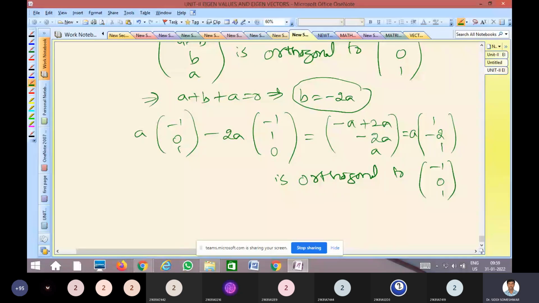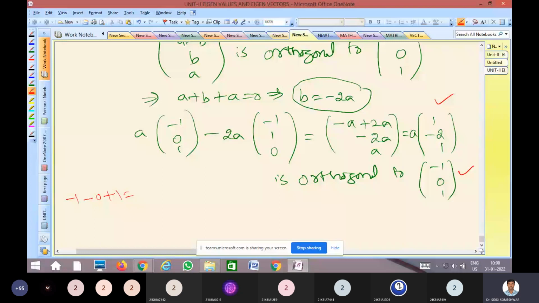So if you observe here, this vector is our new vector. So 1 into minus 1, minus 0 plus 1.